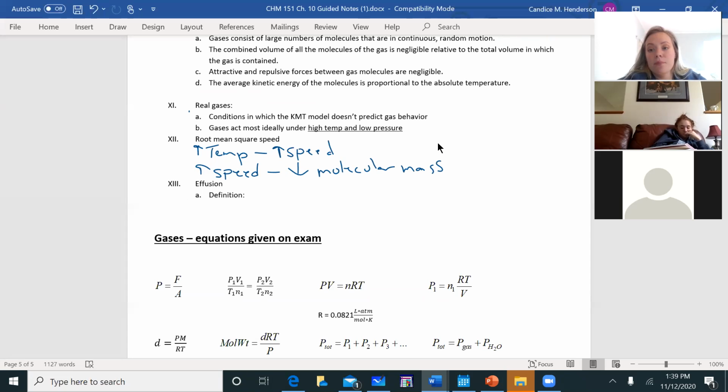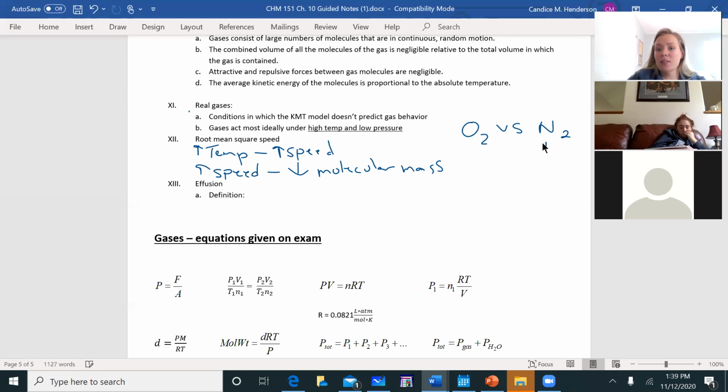So if I have two materials and they're at the same pressure and the same temperature, same volume, everything, one is composed of O2 versus N2. And I would say, which one has molecules moving faster? Well, O2 is bigger than N2.